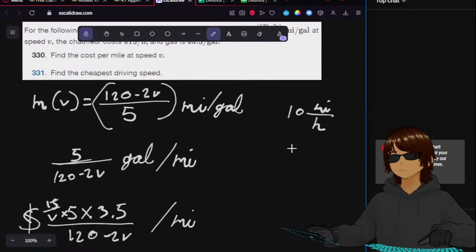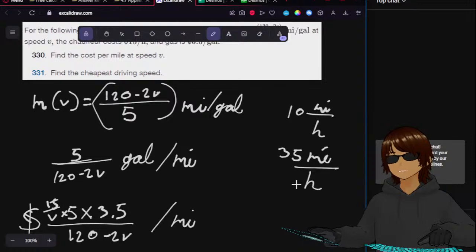If V is, wait, I have a calculator in front of me. V is 15, no, let's say 35 miles per hour.